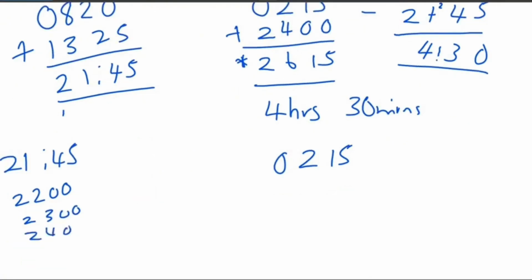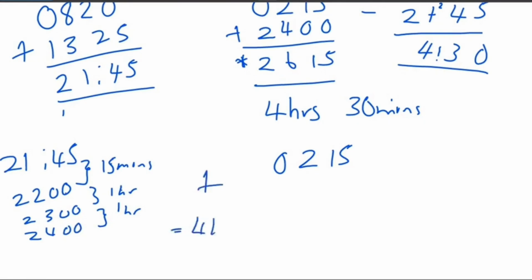So this and this is 15 minutes. From 22, this is 1 hour, and this one another hour. So you add this, and this is 2 hours 15. 15 minutes plus 1 hour, this is 2 hours 15, then plus 2 hours 15, you still get your 4 hours 30 minutes.